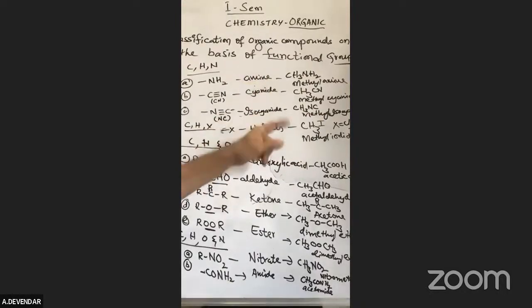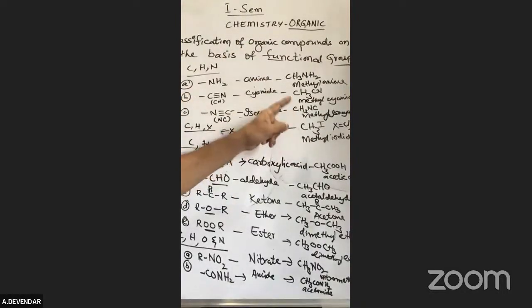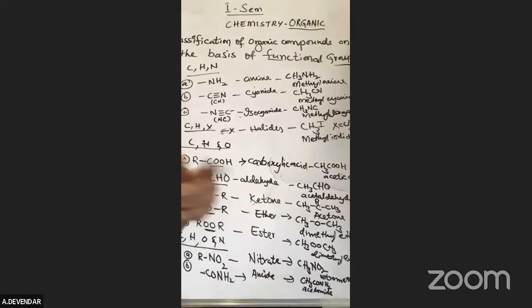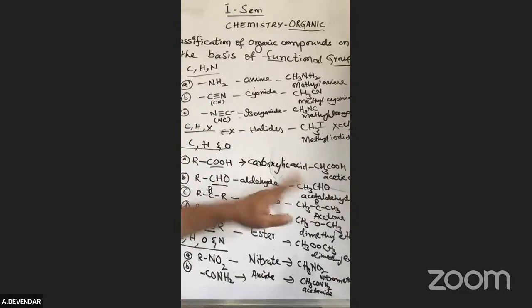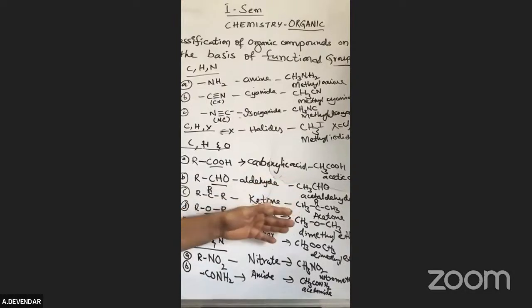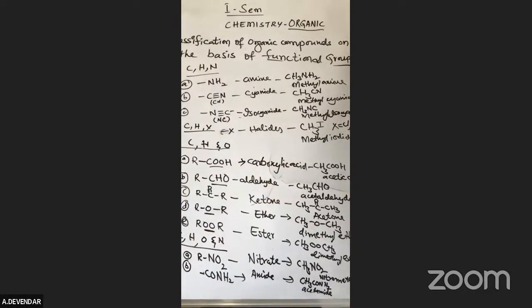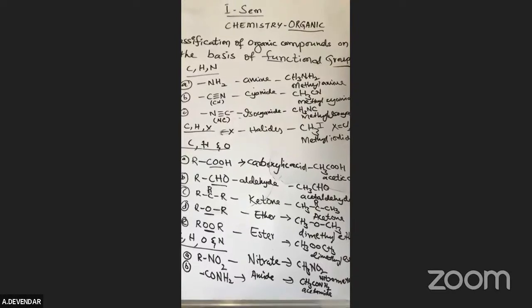Here you don't need to be confused: I'm using R, and the alkyl group is only methyl, so it is easy to remember in the examination. So this is about the classification based on the functional group. Now we'll go to the next topic.